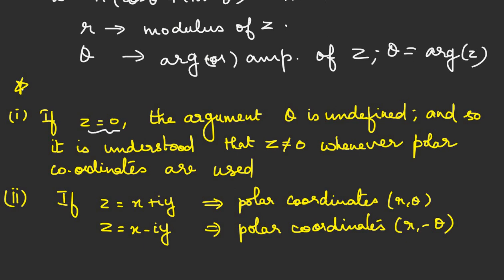If z is equal to 0, the argument theta is undefined, and so it is understood that z is not equal to 0 whenever the polar coordinates are used.